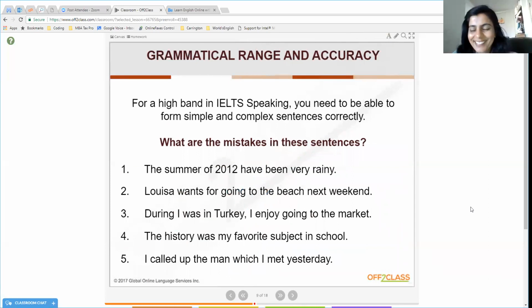All right. For a high band in the IELTS speaking section, you need to be able to form simple and complex sentences correctly. So, Monica, can you find the mistake in number 1?